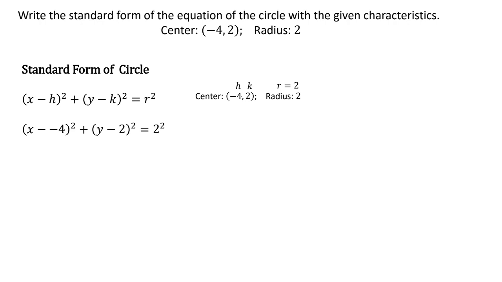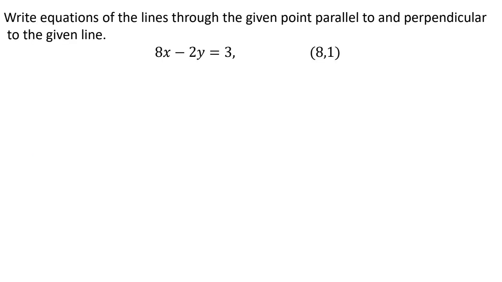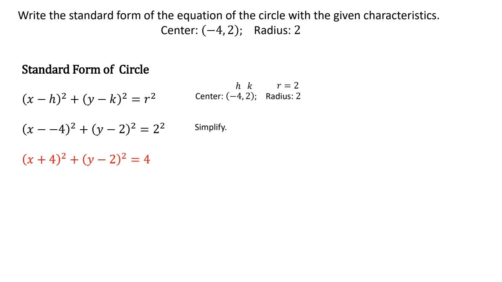A negative with a negative gives me a positive 4 here, and the y minus 2 is just y minus 2, and then 2 squared is 4. And I'm done. The standard form of the circle with these given characteristics is this: (x + 4)² + (y - 2)² = 4.